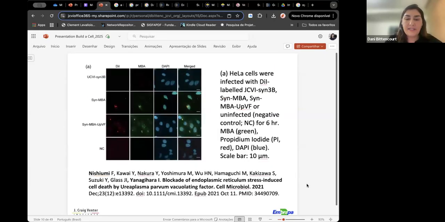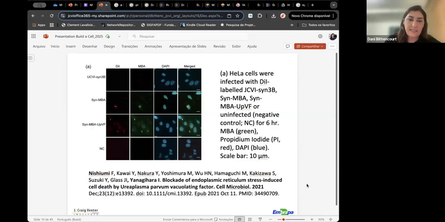Then a couple of years later, in 2021, the Yanagihara group in Japan, studying the MB gene, which is considered to be responsible for the attachment of Ureaplasma cells to mammalian cells, introduced it in the minimal cell Syn3B.